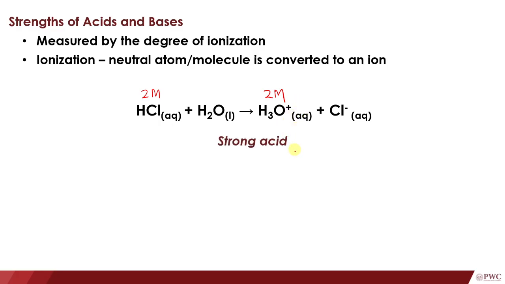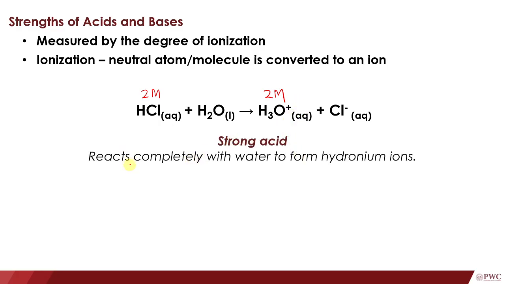This one is a strong acid. A strong acid reacts completely with water to form hydronium ion. Again, it's complete when it's 100%. So from 2 molar, it produces 2 molar of hydronium ion. So it's 100% ionization, and this one is a strong acid.